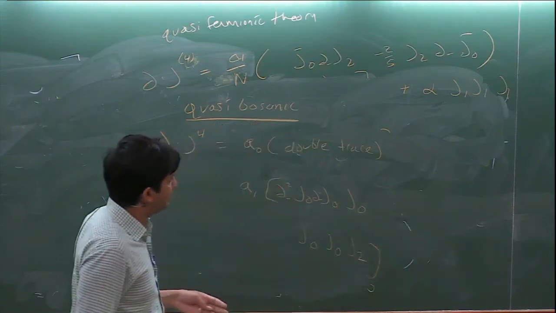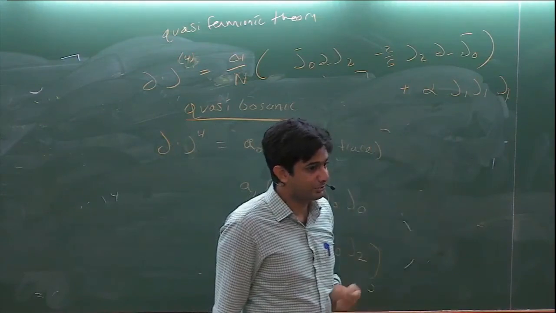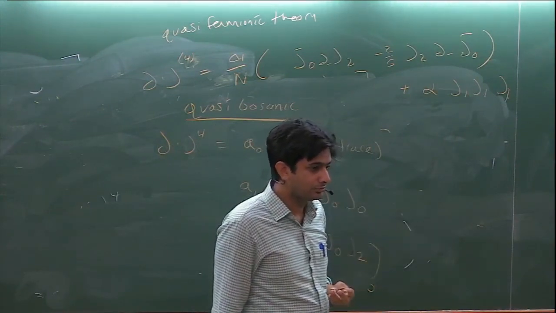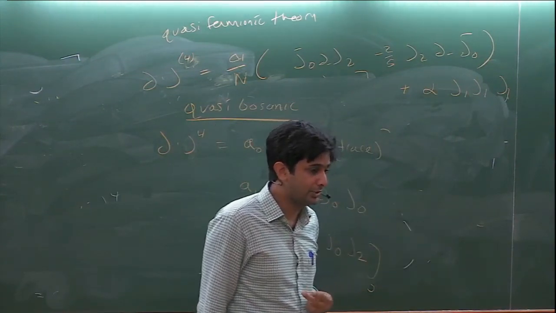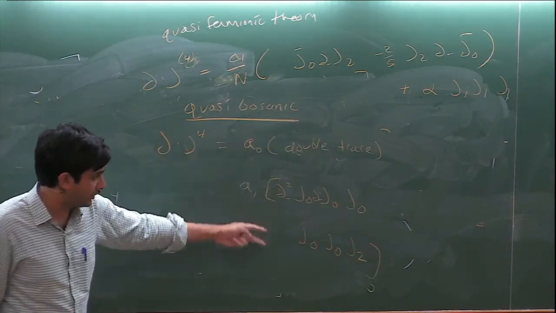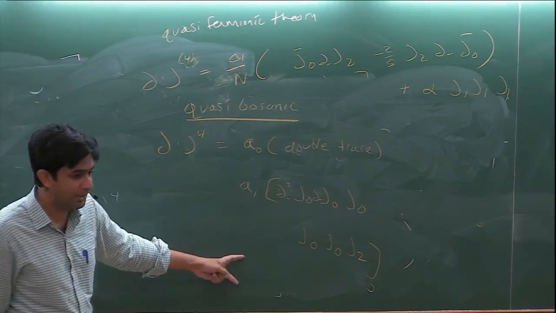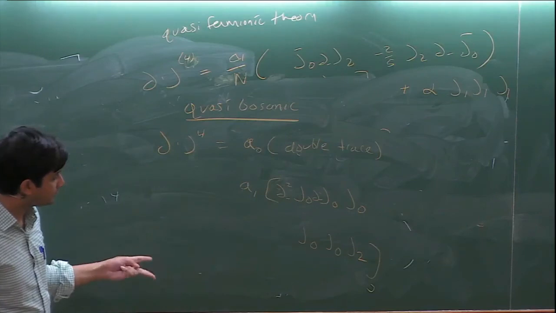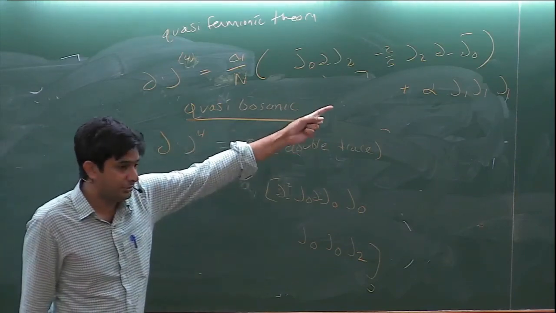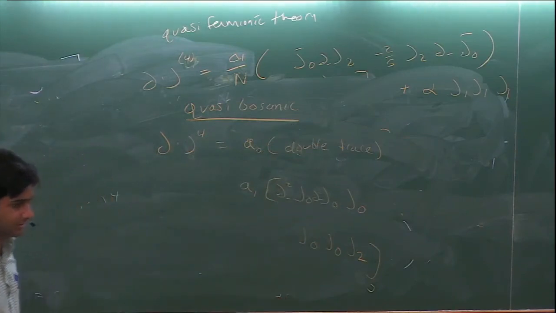In principle you get at least an additional triple trace term. So that's one extension which is in progress. There are also several other terms that can appear here, but they appear to be not independent. You also get an additional term from J1, J1, J1 here, but that's it.